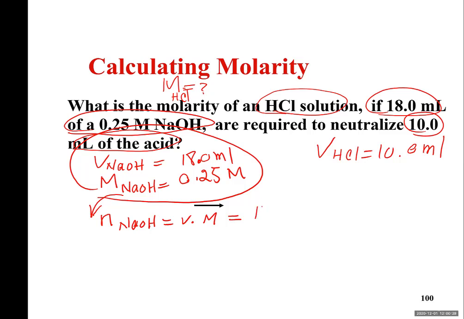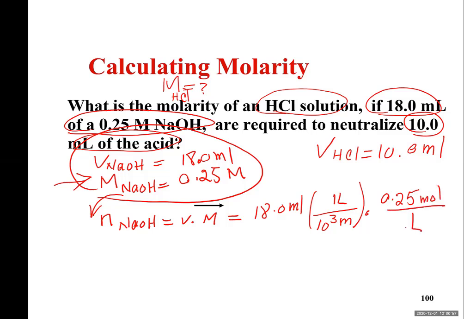So can I write 18.0 mL, and can I convert this to liters? Every 1,000 mL is 1 liter. So that's the volume, times molarity. What is the molarity of NaOH? 0.25 moles per liter. So this will give you the number of moles of NaOH.